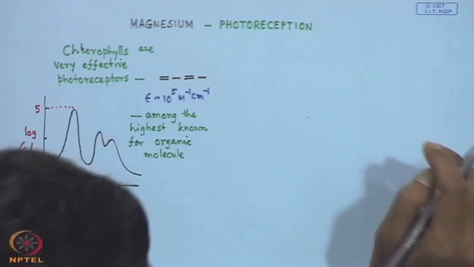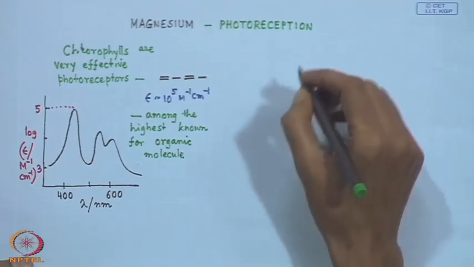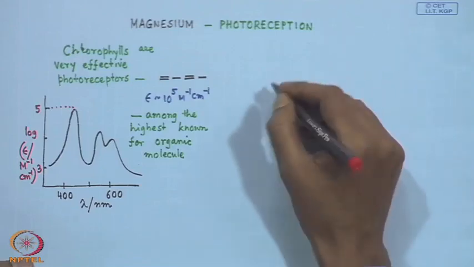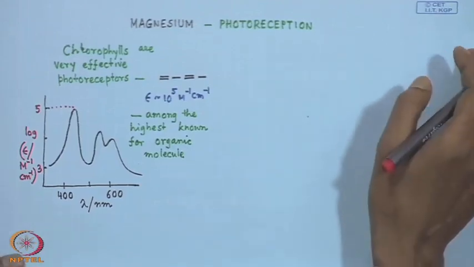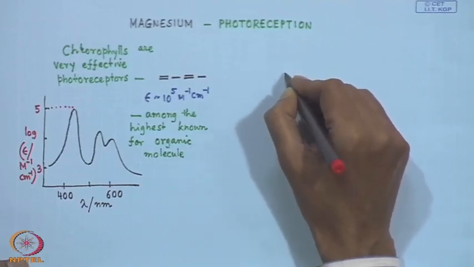So, the extended form of the conjugation will tell us something, that the porphyrin ring is of a different structure which we encounter in cytochromes or hemoglobin or myoglobin.